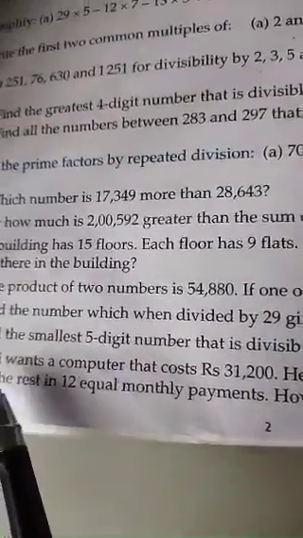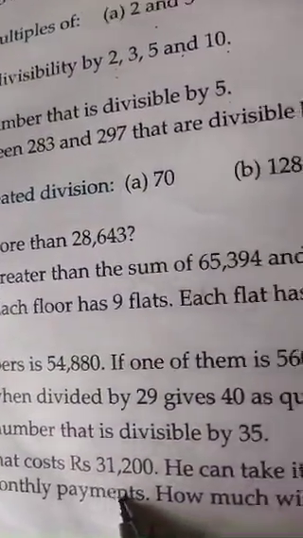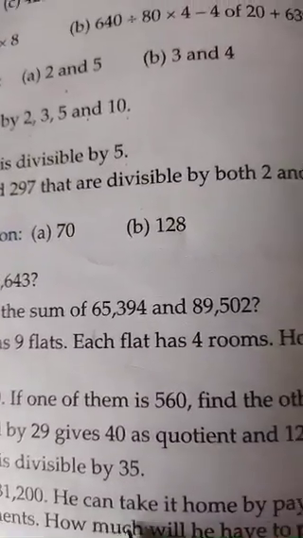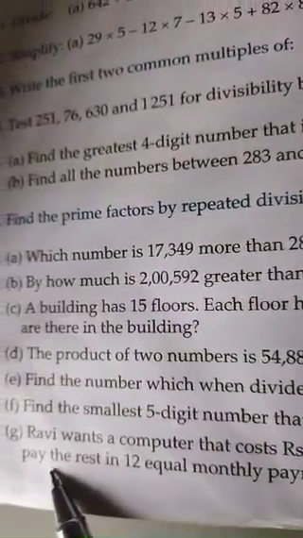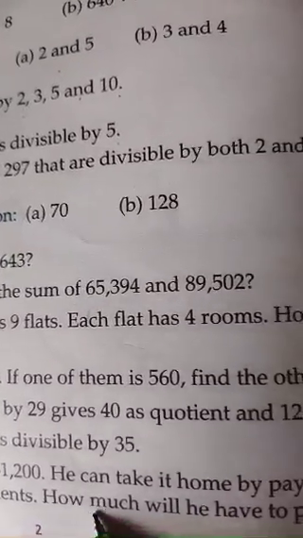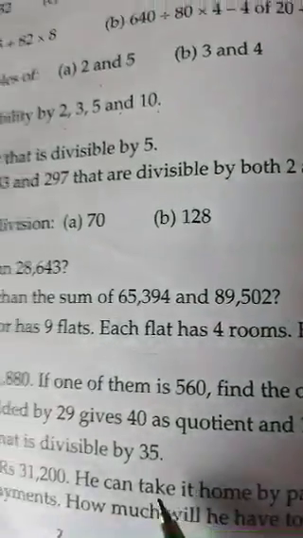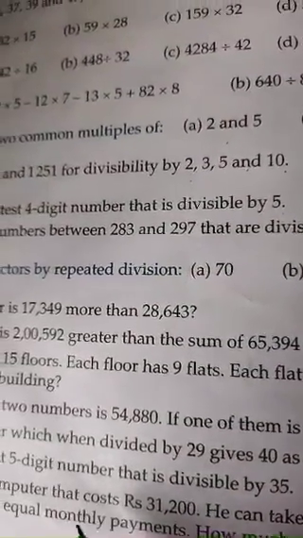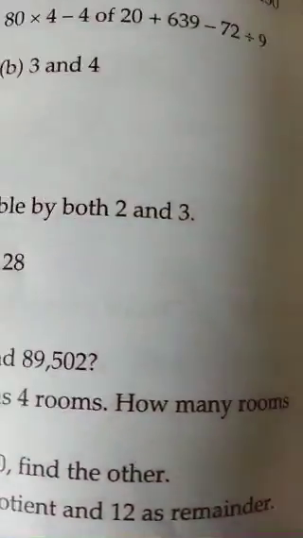Now G part. Ravi wants a computer that costs rupees 31,200. He can take it home by paying rupees 6,000 and pay the rest in 12 equal monthly payments. How much will he have to pay each month? So he buys a computer which costs 31,200 and he already pays 6,000 for this.